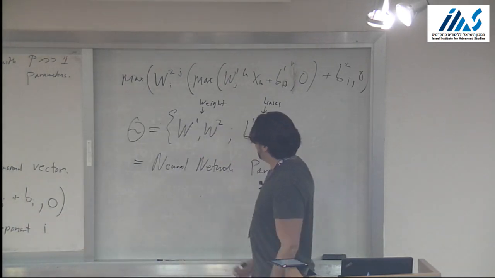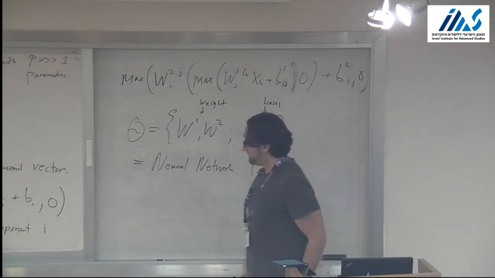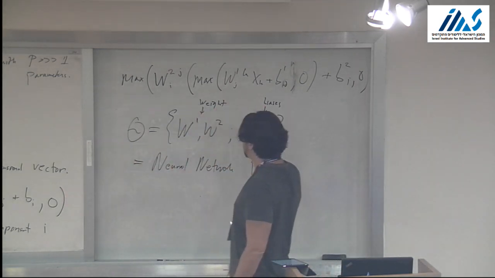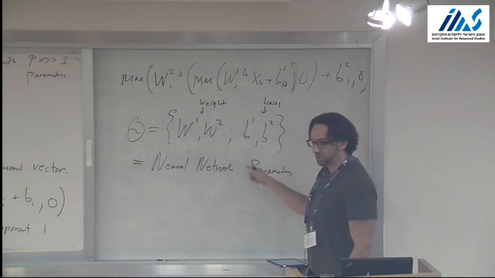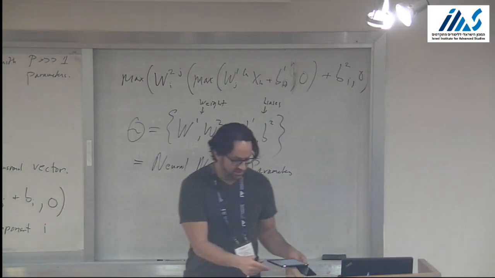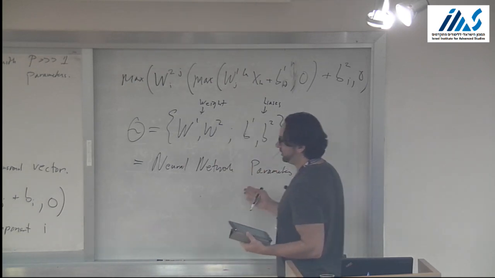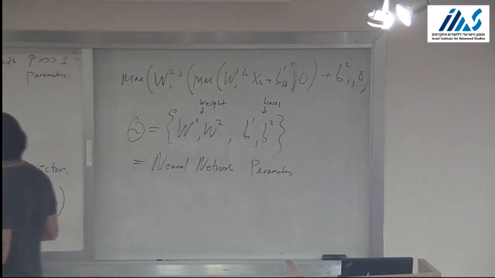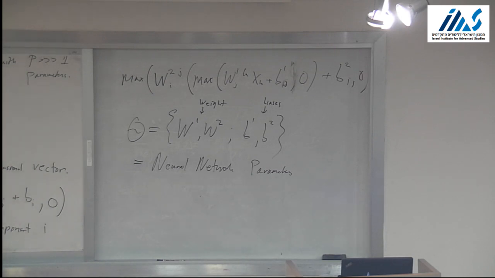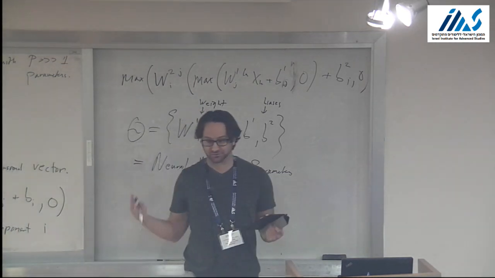So when I make this 2-layer network this way, I'm taking my data and I'm hitting it with a function, and the neural network parameters define what function I'm studying. And so the goal in machine learning is to figure out what values these neural network parameters should take so that the function that I compute this way is useful for something.